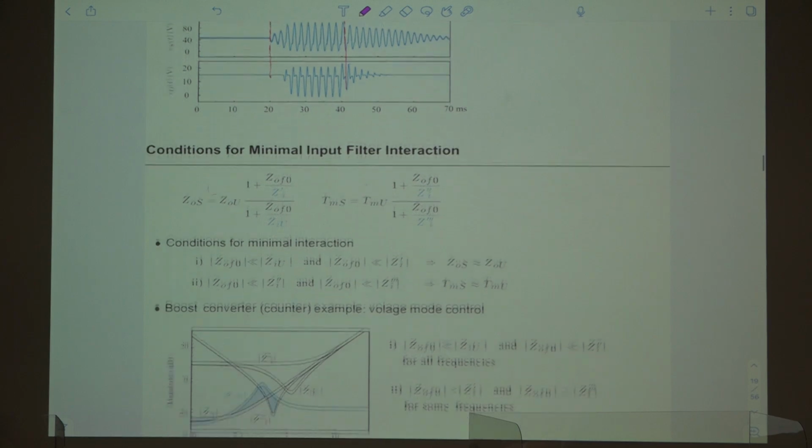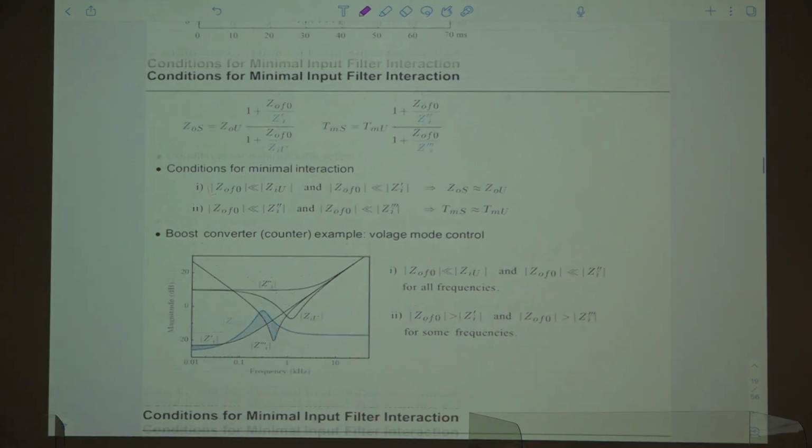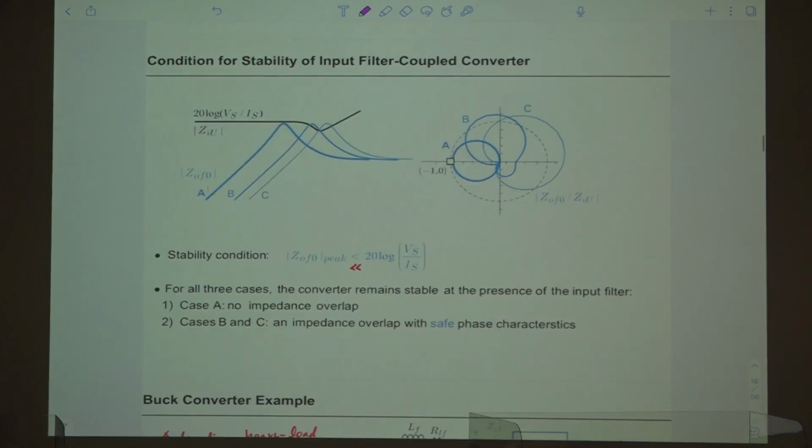All right. Then let's talk about the conditions for the minimal in-filter interaction. Means the condition for the stability was this one. Condition for the stability was this one. Okay. Stability requirement, but this is just the minimum requirement.